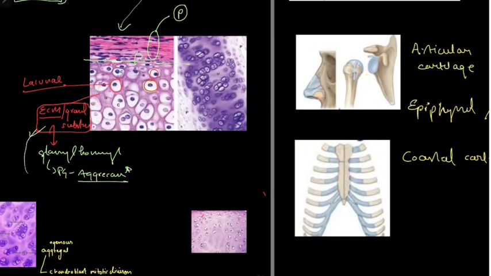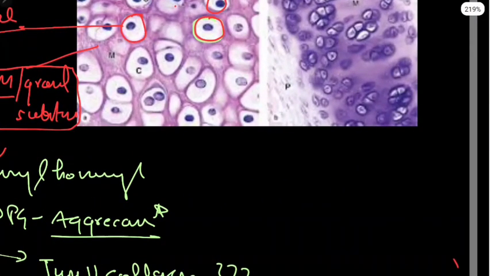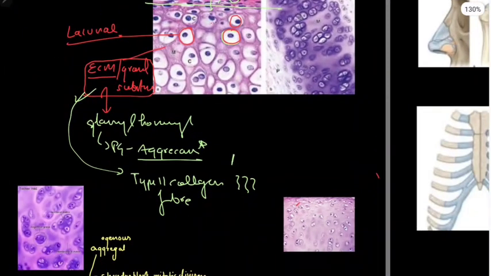Also note, this extracellular matrix is going to have type 2 collagen fiber. These type 2 collagen fibers, though present in it, are not visible separately even if we zoom in. That is because the refractive index of these collagen fibers is similar to that of the ground substance, so these are not visible separately.